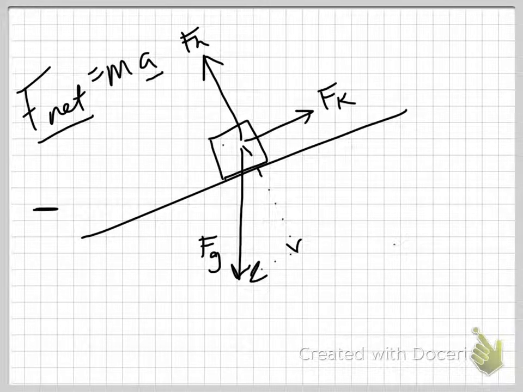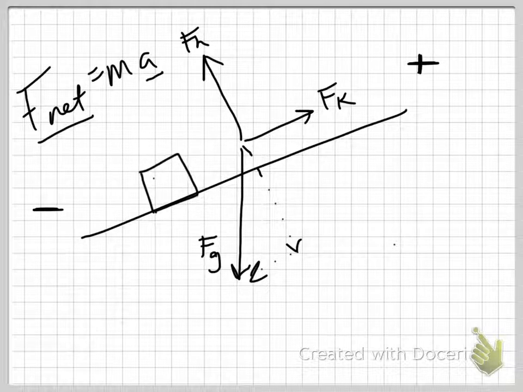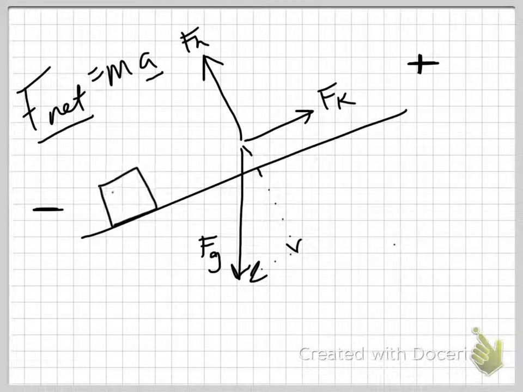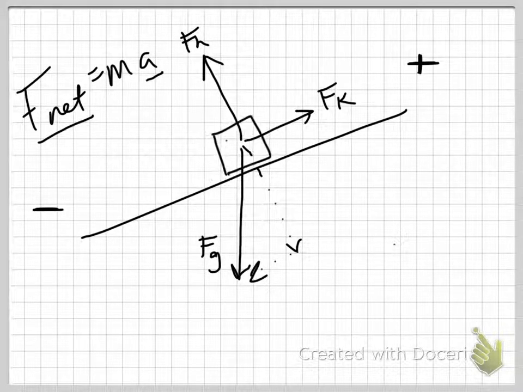So if we call this negative and this positive, and we realize that this car, and I'm going to move the car here, is moving down slope, but its velocity is decreasing. And I'm going to draw this in red.